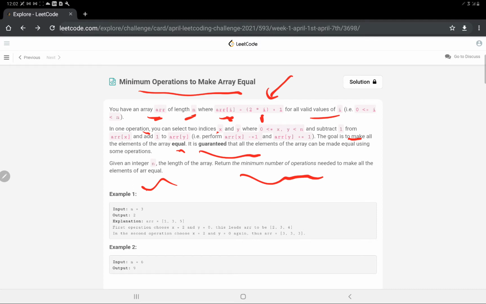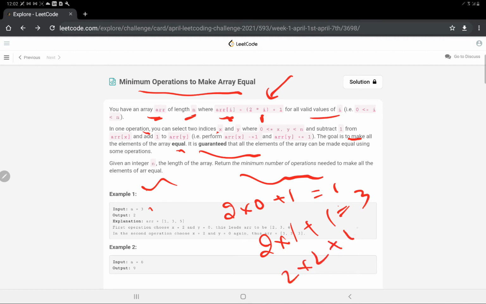It's a bit of a mathematical problem. Let's see how we are going to solve it. There's one example given here where n is 3. The first element is calculated as 2 into 0 plus 1, that is 1. The second is 2 into 1 plus 1, so it would be 3, and similarly 2 into 2 is 4, plus 1 is 5.